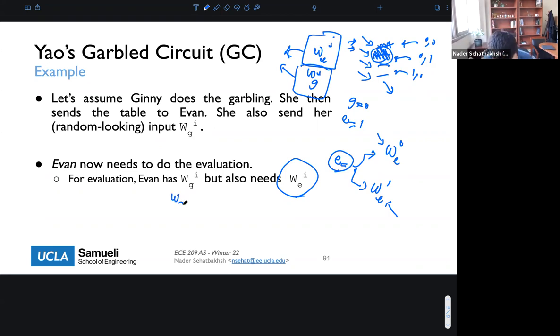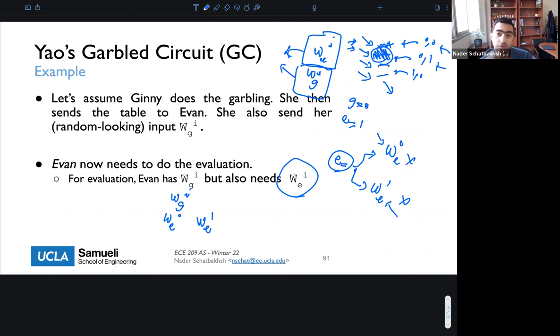Eve has WGi, and also Eve has WE0 and WE1. So basically, Eve can decrypt two lines out of these four lines. And by just comparing these two, Eve can understand what the input of Genie is. So sending both of these labels is not possible because that breaks the system, right?